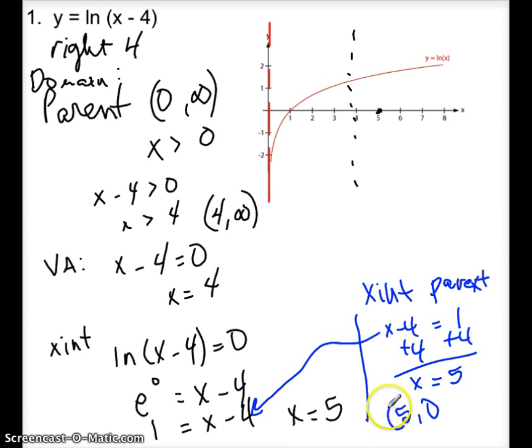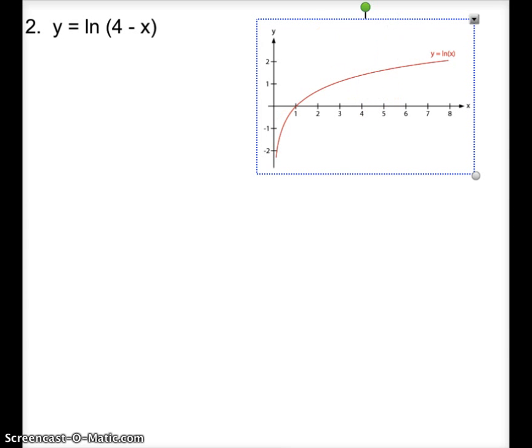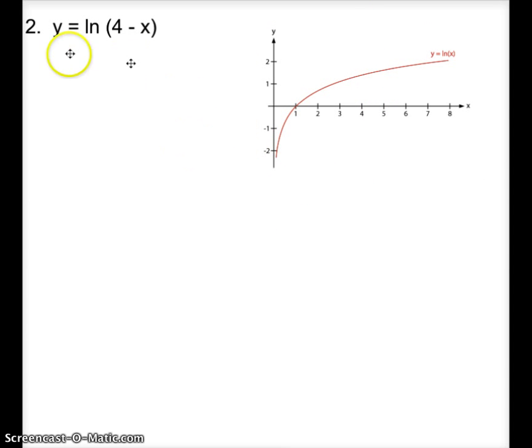So let's practice the next example, finding these pieces of information algebraically rather than graphically. So I have the graph here for you to look at just to serve as a reminder. We know that our domain of the parent function is 0 to positive infinity, or greater than 0. So I will set 4 minus x greater than 0.